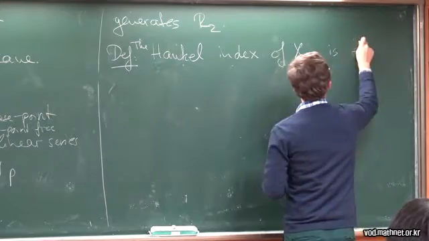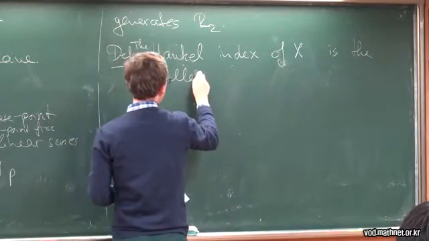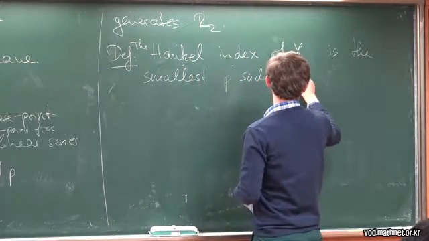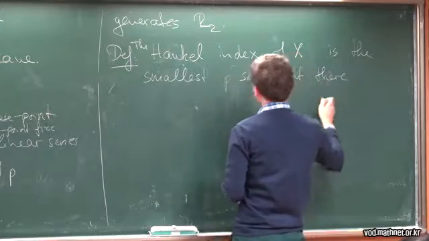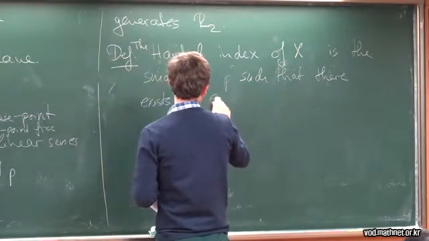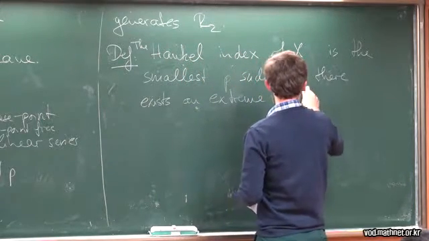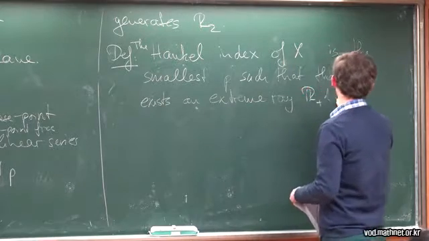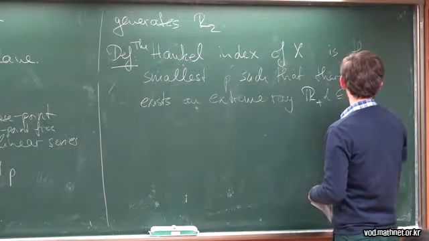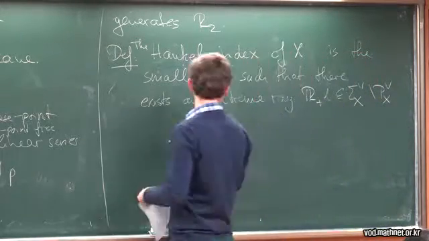So this one is the smallest p such that there exists an extreme ray of sigma X that is not a point evaluation of rank p.